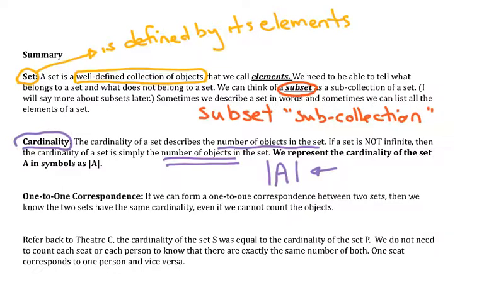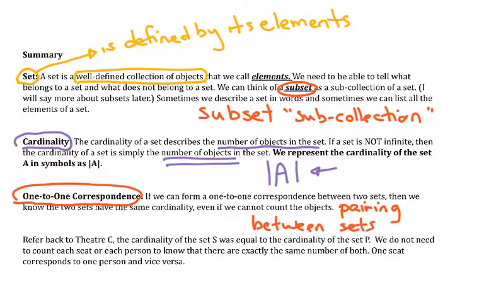We also need to understand what a one-to-one correspondence is. This is a special kind of pairing between two sets. It's a pairing where every object in the first set corresponds to exactly one object in the second set and vice versa.